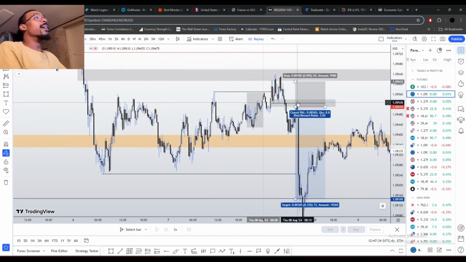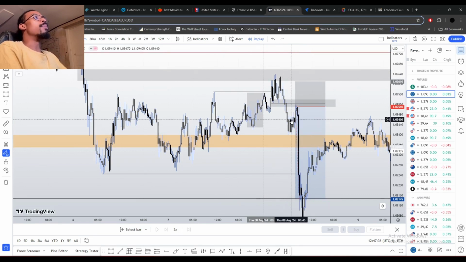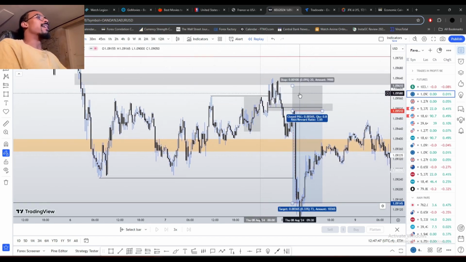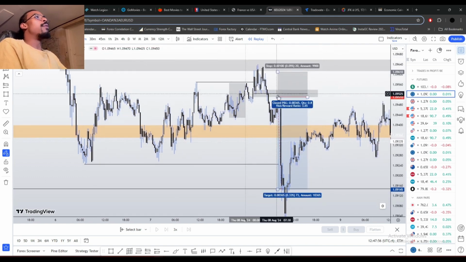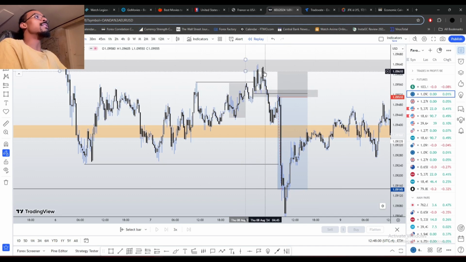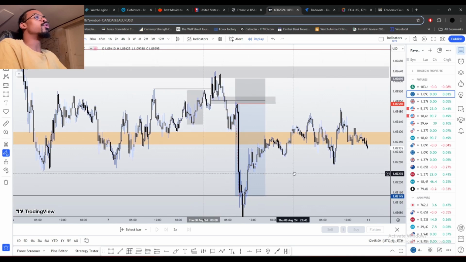So I wasn't thinking it could have ran all the way up here before dropping lower, but I'm thinking that as soon as the news dropped, it's gonna run towards its sell side liquidity pool since the manipulation already happened, right? It could have run up there. That's the risk that you take trading with news, you know what I'm saying, I would have just taken that L. But I was very confident that price was just gonna hold these highs in here and then run straight to sell side liquidity, right? So that was my EU trade.